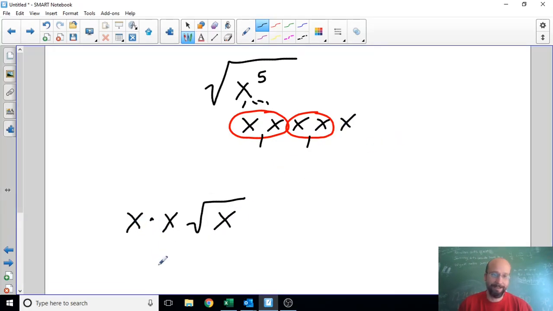So on the outside, x times x is x squared, and on the inside we have x. As you can see, when we're doing square roots, you could also just divide this number by 2, right? 5 divided by 2 is 2.5, so 2 here and then 1 left over. But if you're not comfortable dividing by 2, don't worry about this, just write them all out.